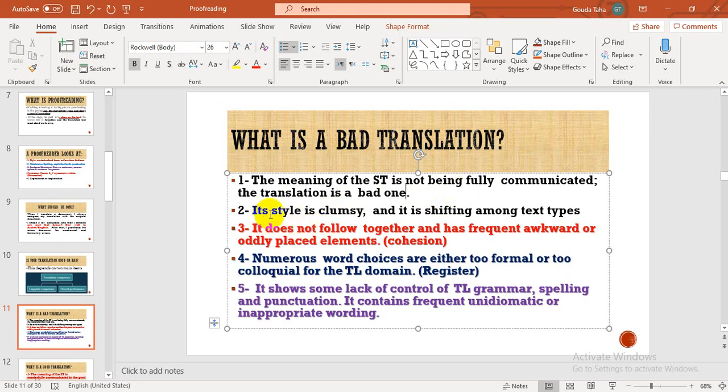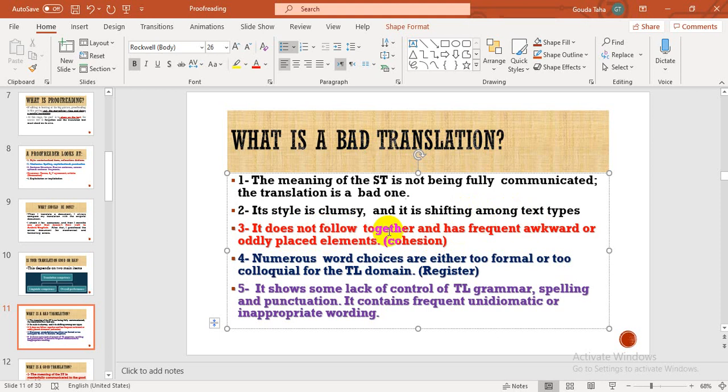If your style is clumsy, is not understood, and if you are shifting among text types, if you are using the strategy of the informative with the expressive, and together with the operative, then your translation is a bad one.